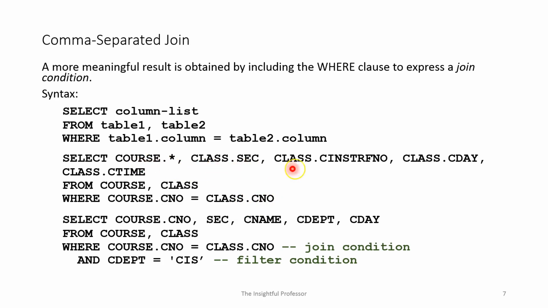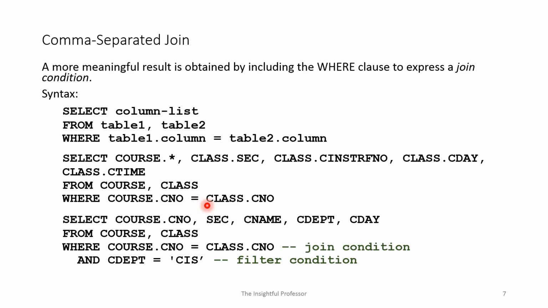Now, up here in the select clause, it wasn't absolutely necessary to qualify the columns because SEC is actually unique to the two tables. CIN, STR, FNO is unique between the tables, and so on. But here in the where clause, it was absolutely required because CNO, if you simply say select CNO, or where CNO is equal to CNO, that is ambiguous.